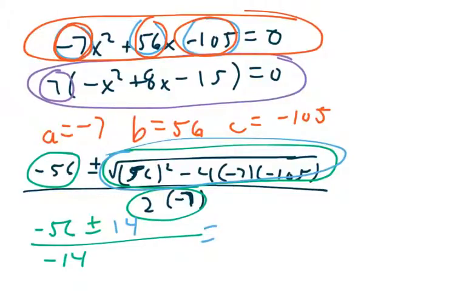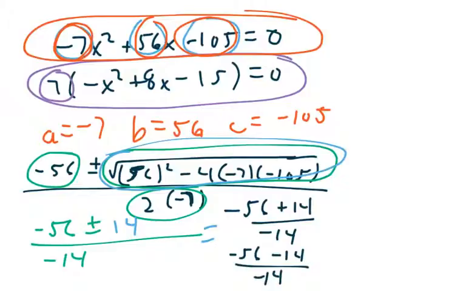I know this leads us to negative 56 plus 14 divided by negative 14, right? It also gives us negative 56 minus 14 divided by negative 14. And negative 56 plus 14, well, that's negative, what is that?